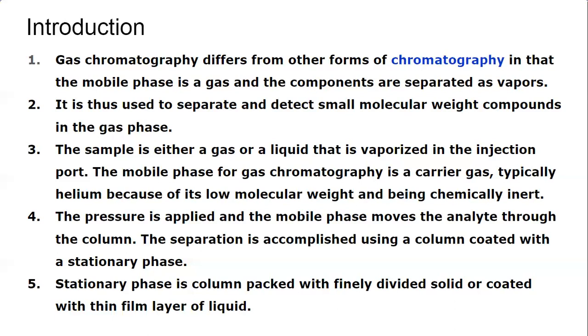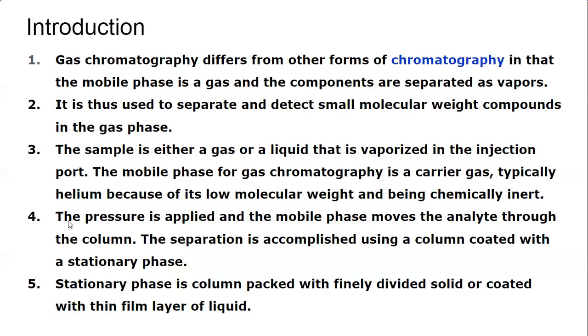But frequently we use helium, because of its low molecular weight and being chemically inert. Our carrier gas should not be chemically active, meaning it should not participate in a chemical reaction with our sample as well as the stationary phase. That's why our carrier gas, or mobile phase, should be chemically inert in nature.